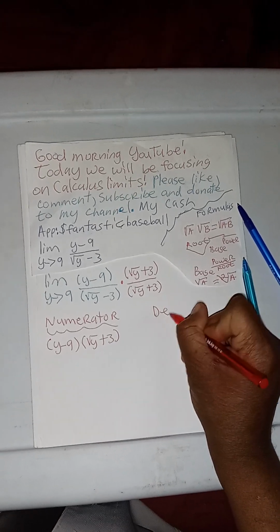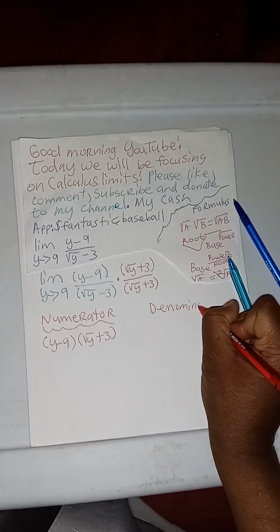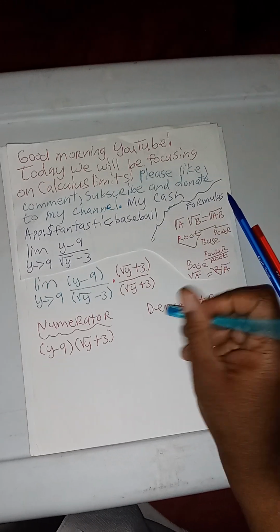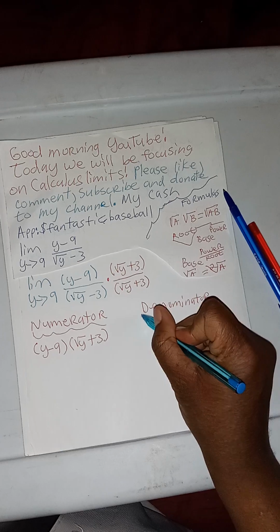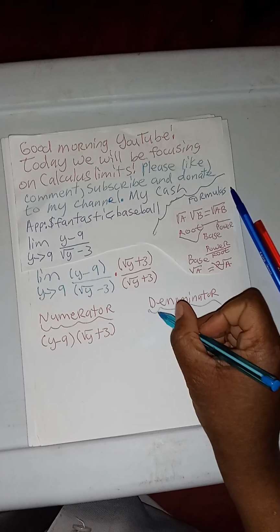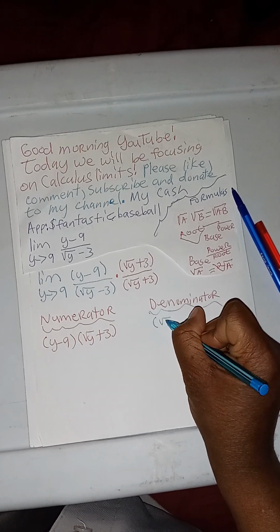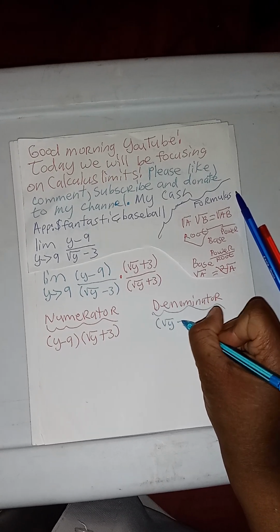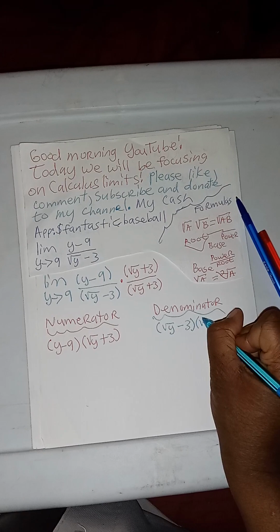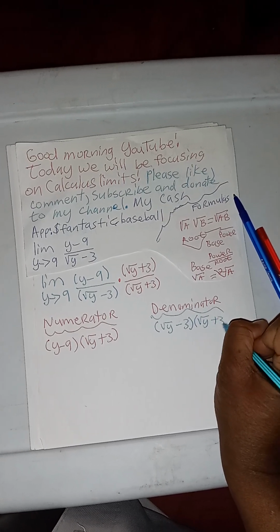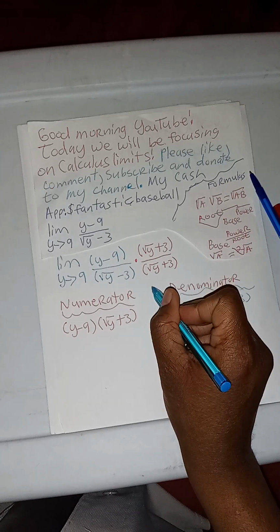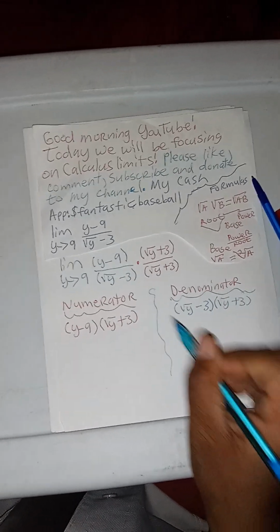And in the denominator, we have the square root of y minus 3 multiplied by the square root of y plus 3. Okay, let's section this off here.